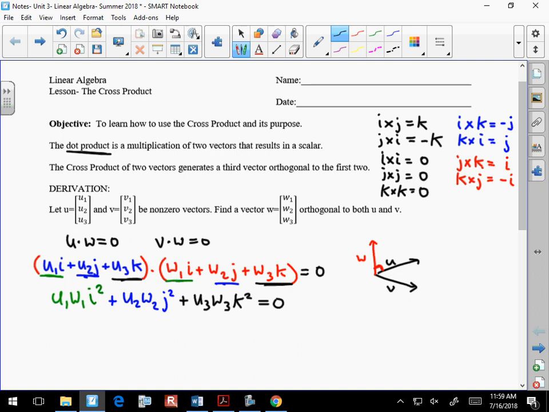So that's in our IJK notation. Now, if I take the dot product of i and itself, we're not multiplying magnitudes, but because it is a unit vector, its dot product is going to be 1 anyway.